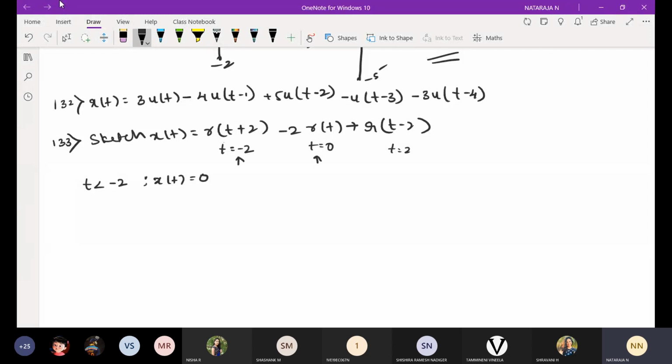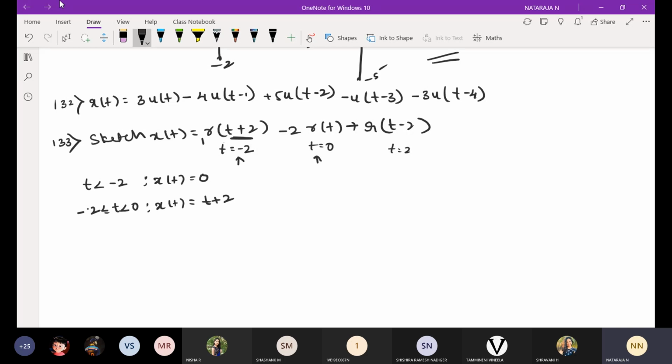I will take minus 2 less than or equal to t less than 0, where x of t is equal to, I need to consider this time slot, not amplitude. In u of t we have considered the amplitude, but in this r of t we need to consider this signal, that is t plus 2.